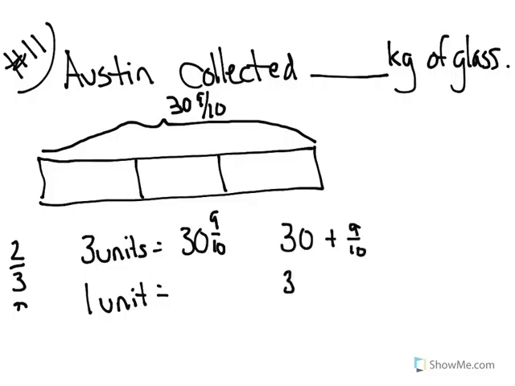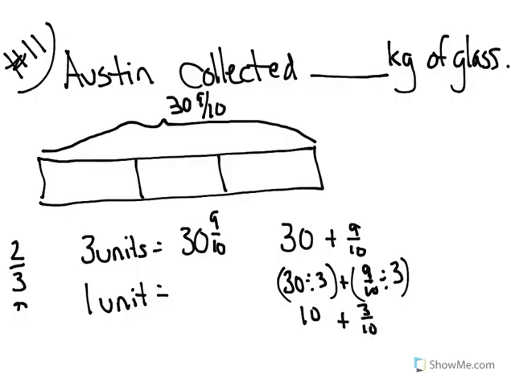And I can say 30 divided by 3 would be 10. And I can say 9/10 divided by 3 would be 3/10. So I know that each unit is 10 3/10.